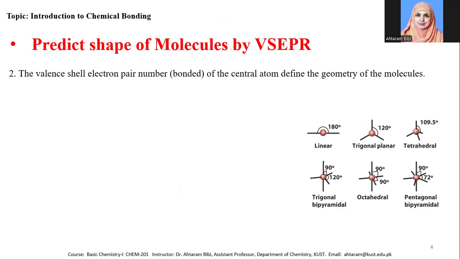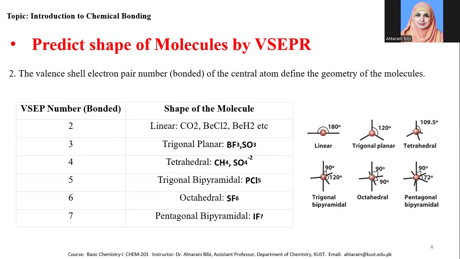If there are two bonded pairs of electrons, the structure will be linear. For example, carbon dioxide has a linear structure because it has two bonded pairs of electrons, as do beryllium chloride and beryllium hydride. If there are three bonded pairs of electrons, then the structure will be trigonal planar. Examples are boron trifluoride and sulfur trioxide. If there are four bonded pairs, then the structure will be tetrahedral, and examples are the sulfate ion and the methane molecule.